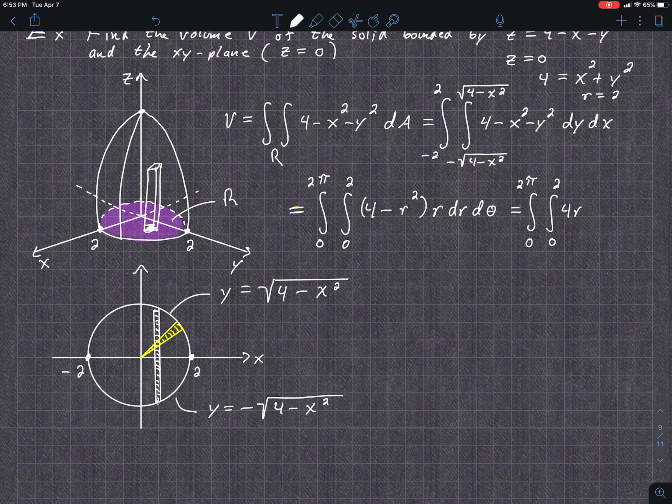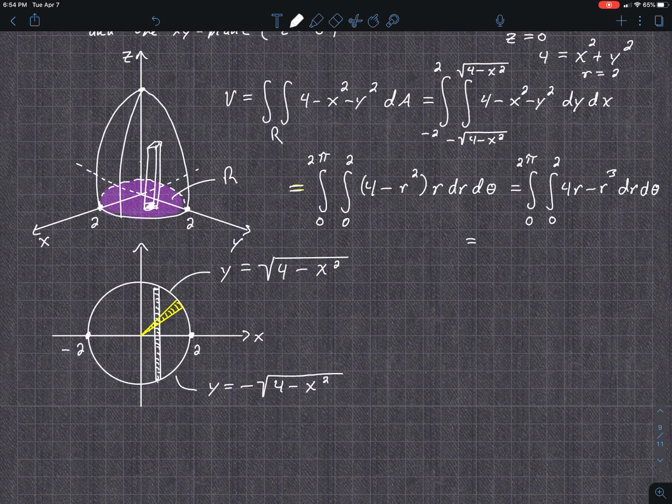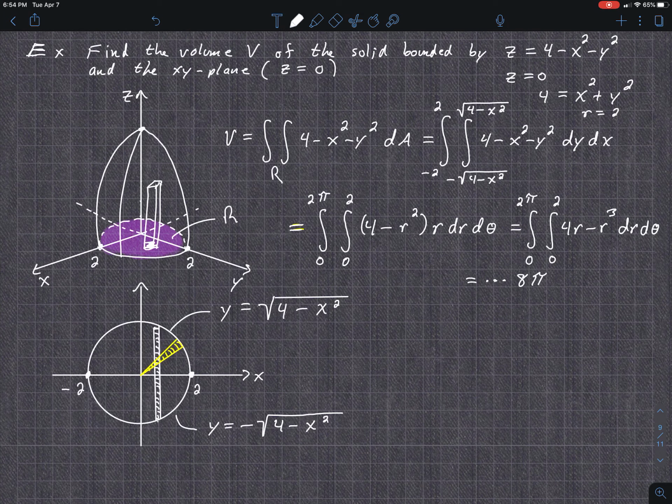So you're going 0 to 2, 0 to 2 pi, and then 4r minus r cubed dr d theta. That's just a simple polynomial to evaluate. So try that now and evaluate it, and you should get 8 pi.